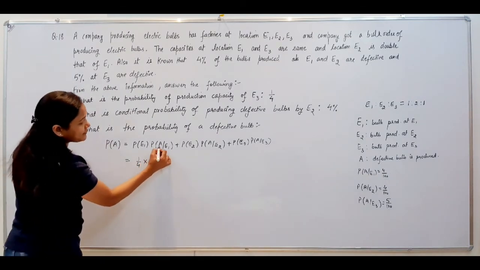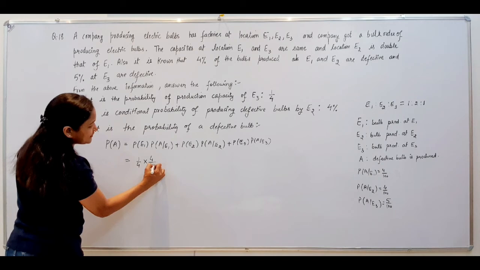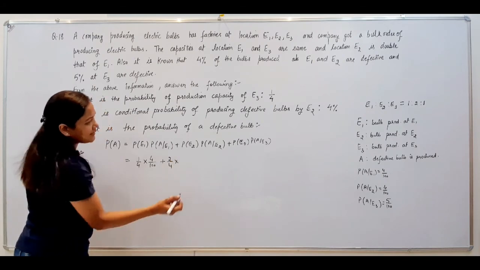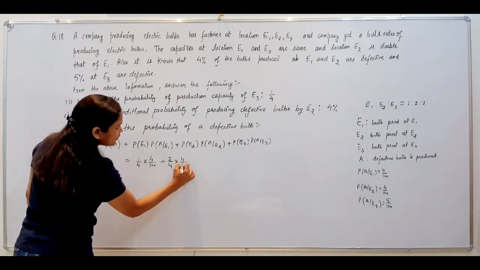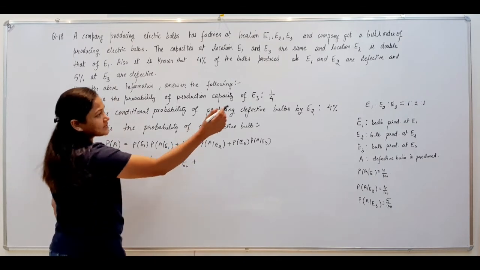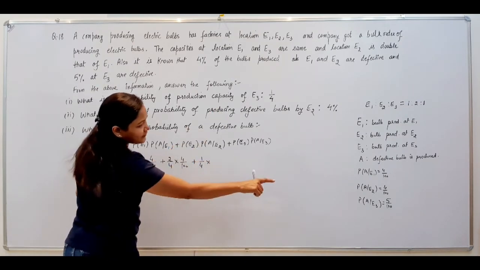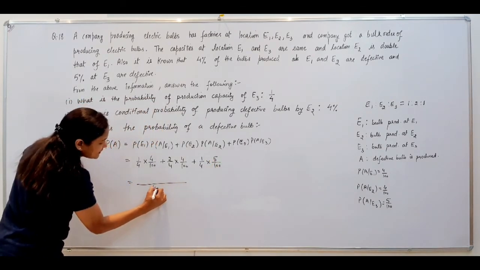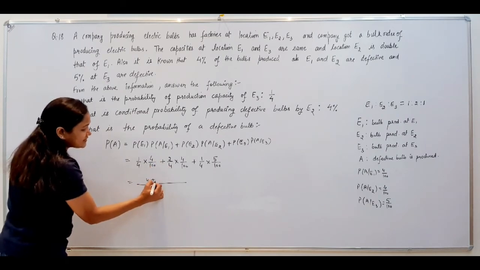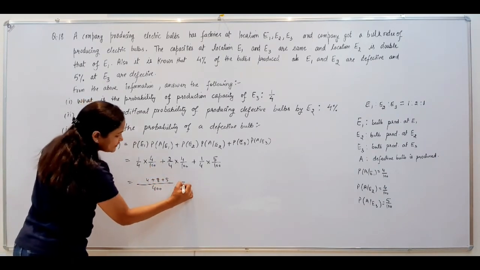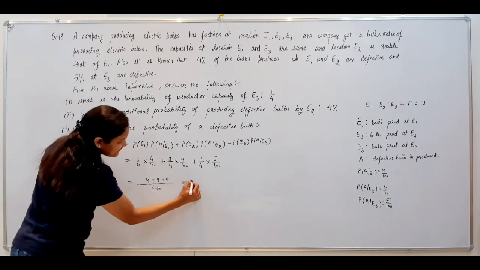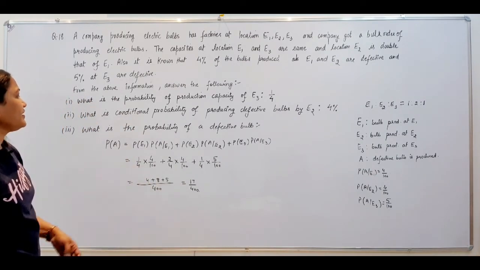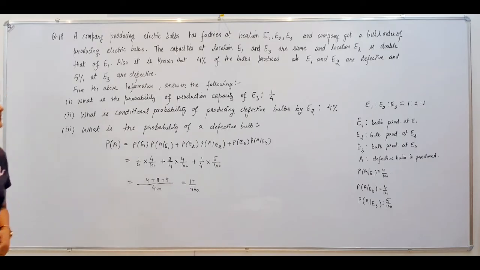Now probability of E1 is 1 by 4 into 4 upon 100 plus probability of E2 is 2 by 4 multiplied by 4 by 100 plus probability of E3 is 1 by 4 into 5 by 100, and the answer is, taking LCM 400, 4 plus 8 plus 5, and this will be equal to 17 upon 400, and this is the probability of producing a defective bulb.